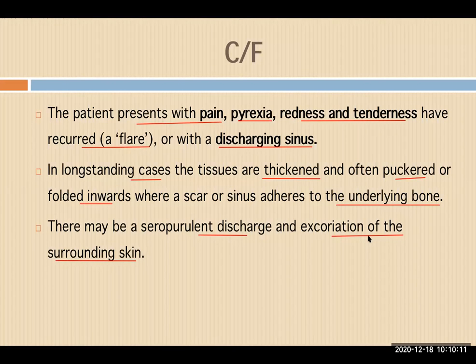Now, one small question I would like to ask you: there is a scar formation here. You can clearly see this? There's a scar, right? If a malignancy develops from this scar, what do we call that malignancy? Anyone? Osteosarcoma? No, osteosarcoma is different.